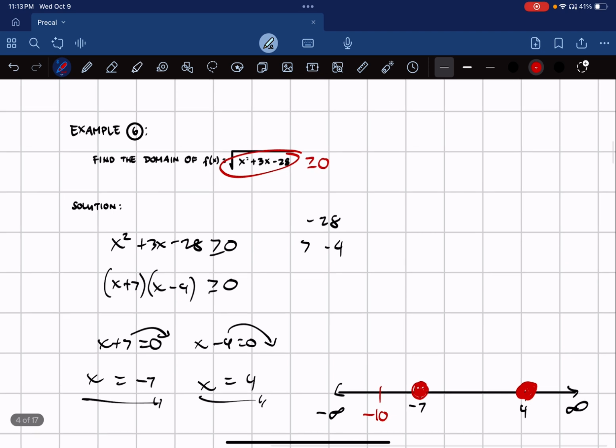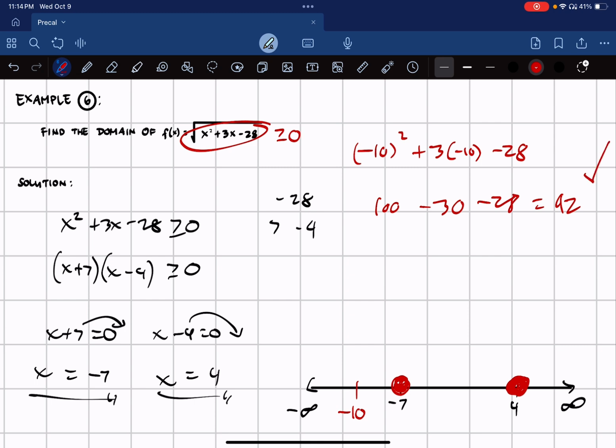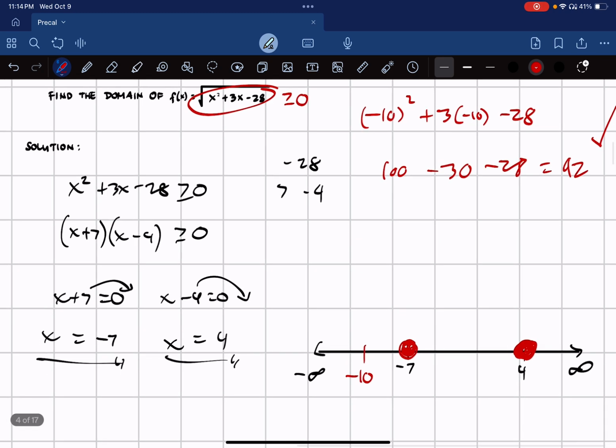So if we input negative 10, we have negative 10 squared plus 3 of negative 10 minus 28. So 100 minus 30 minus 28. This is 58. 100 minus 58, 42. Right? It is positive inside the square root. Meaning, the values here are allowed.